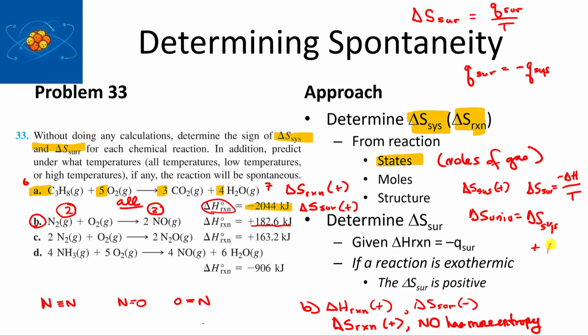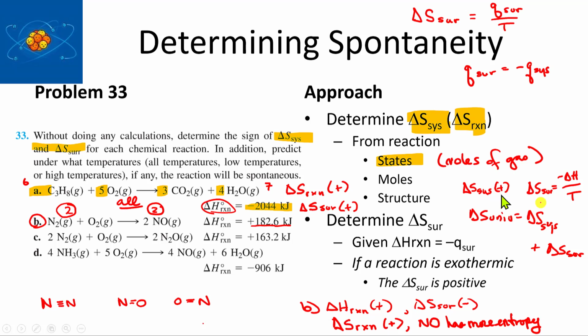Plus delta S of the surroundings. So what that means is, as temperature increases, the surroundings entropy effect becomes less important, and the entropy effect of the system is what predominates.